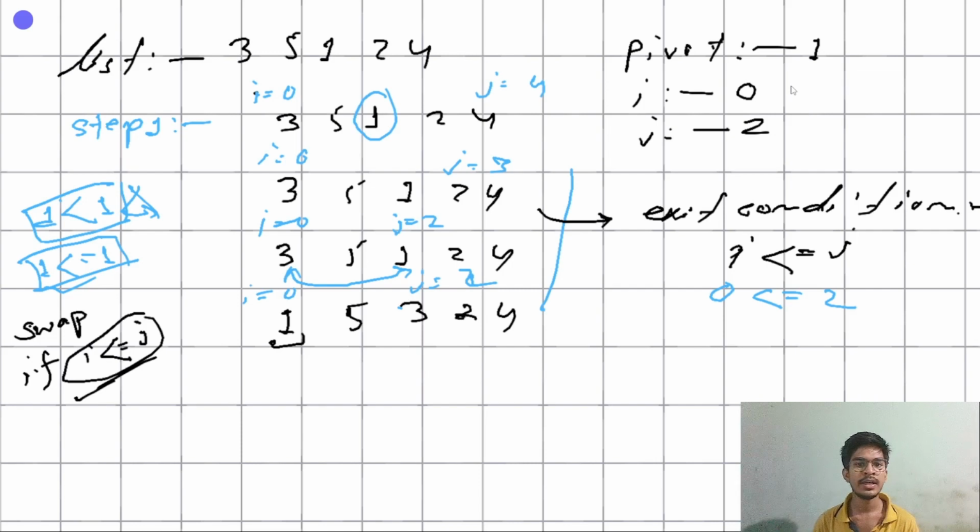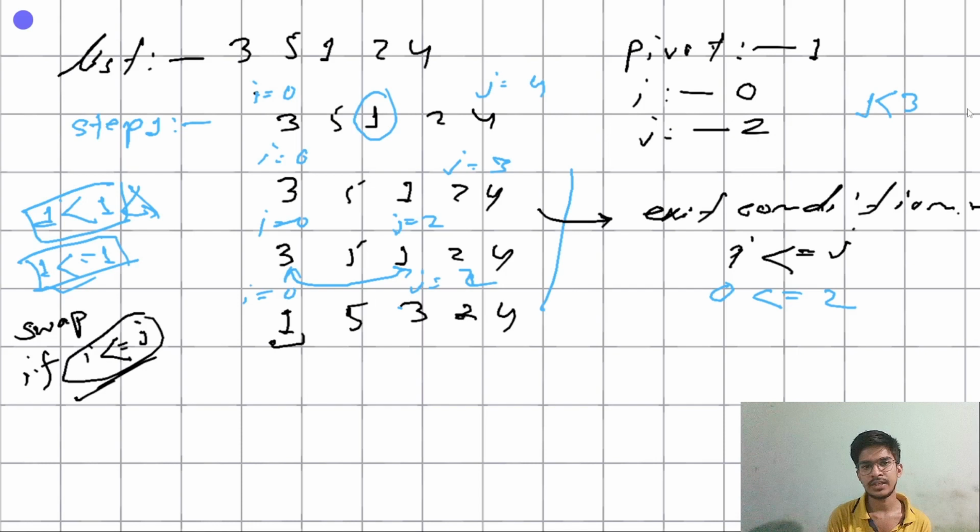So it will stop here, and it will check if 3 is less than 1. This is the left-hand side. If there is some element which is greater than 1, like at j, is 3 less than 1? No, 1 is less than 3, so it will say yes.